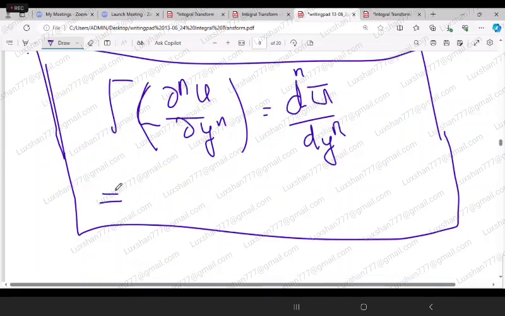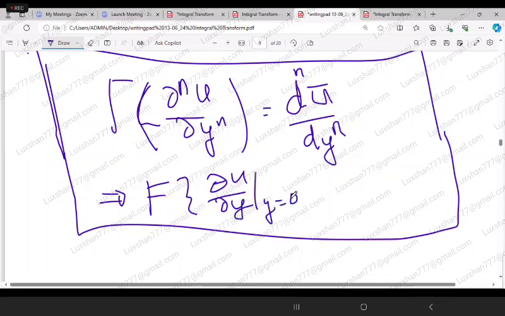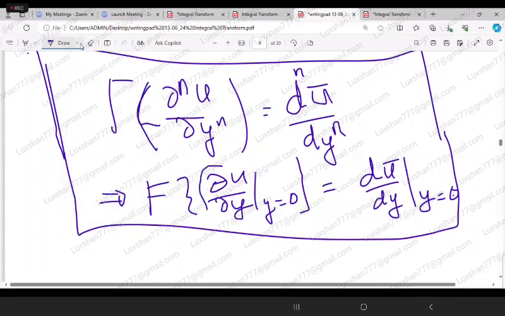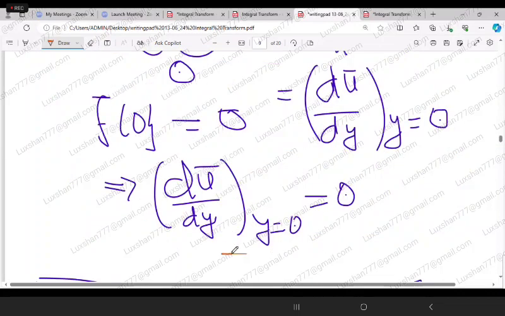So if it is the first derivative, the Fourier transform of ∂u/∂y when y equals 0 means what? dū/dy when y equals 0. But we are given that this one is 0. Therefore, this must be 0. So that is the conclusion we have.